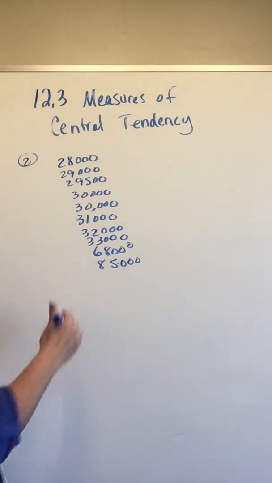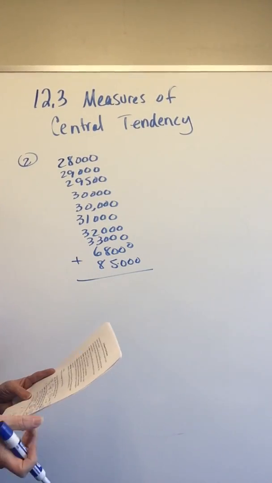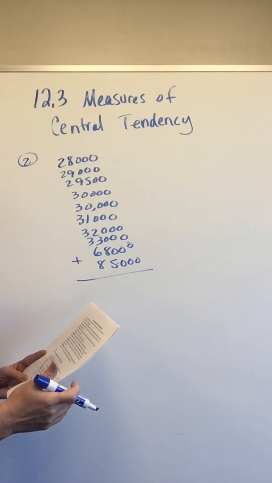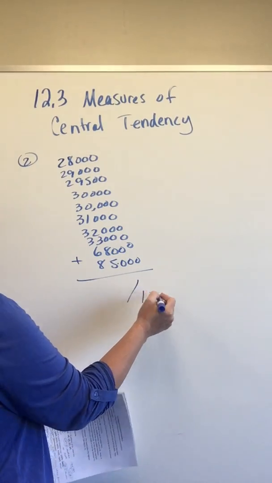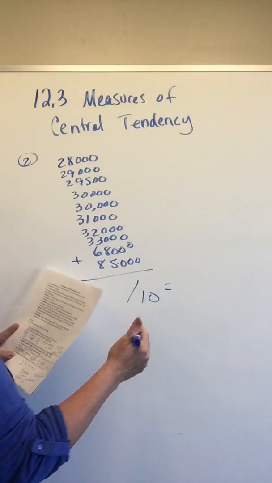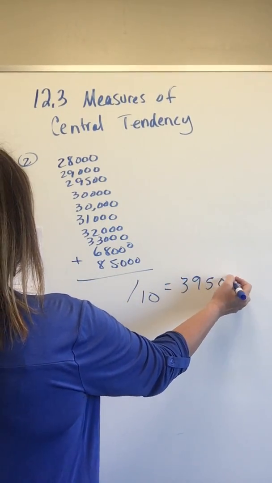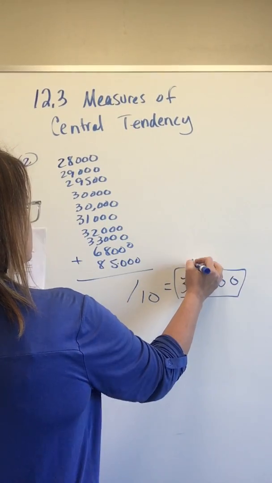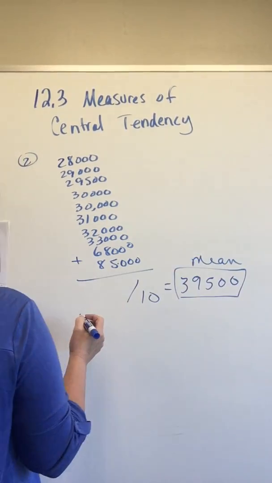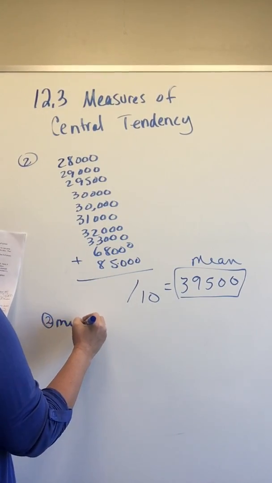All right, so for the mean, I need to add all those together, and then you divide by 10. And that final calculation for the mean should be 39,500. So that's your mean. And for number 2, to find the median, that's the number in the middle.